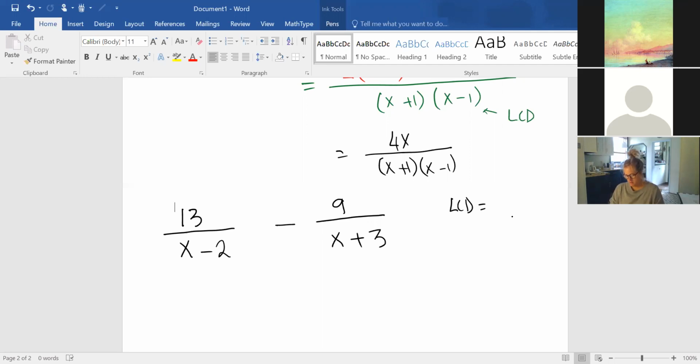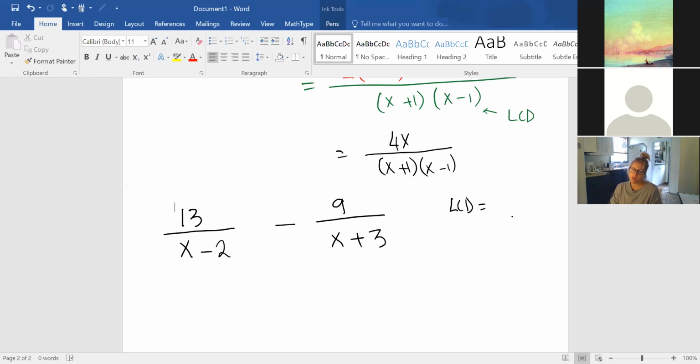X plus 3 is one thing. You cannot just take away the 3 or the 2. So I treat x minus 2 as one single thing, and x plus 3 as one single thing. That is why the LCD is not that.